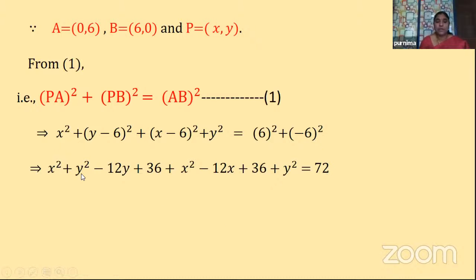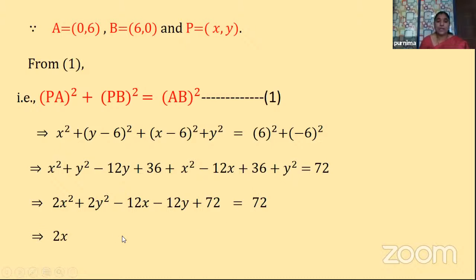So here what happens? If you observe, x square terms and y square terms are there on the same side, so we cannot cancel them. We have to add them. x square plus x square is 2x square. y square plus y square is 2y square. Next, minus 12x minus 12y. Here plus 36 plus 36 is 72, and 72 is equal to 72.